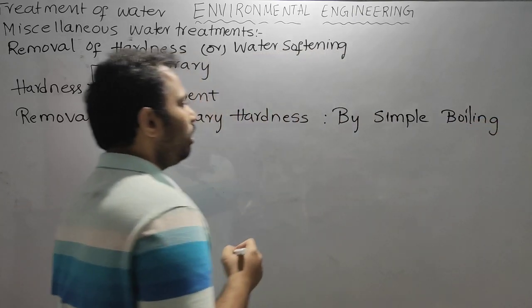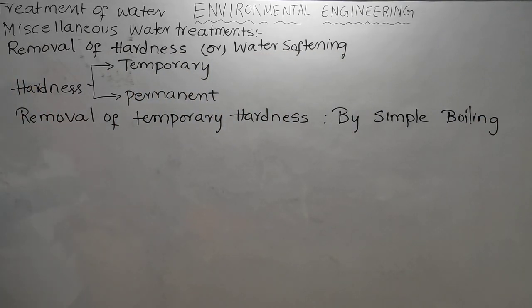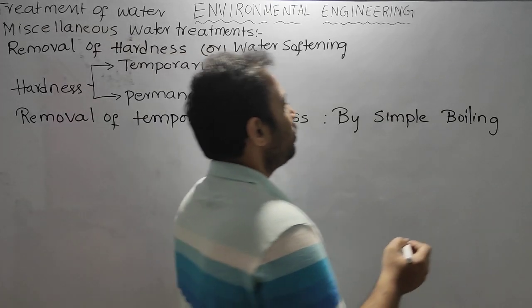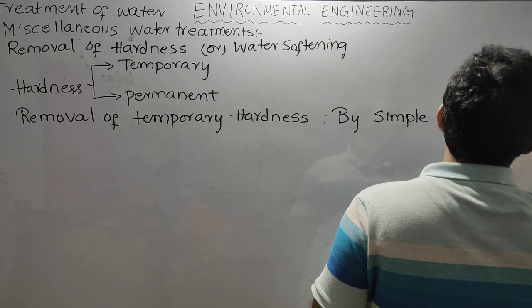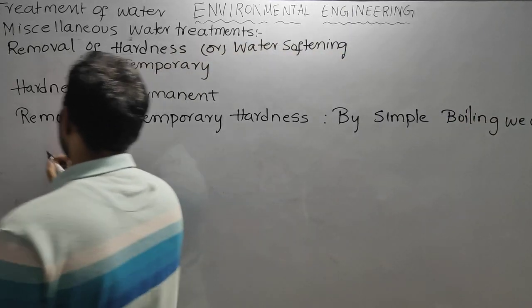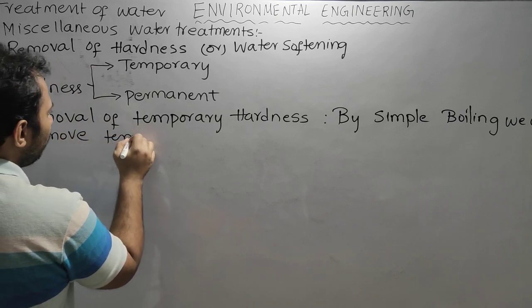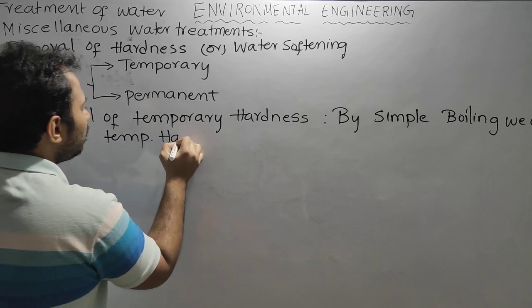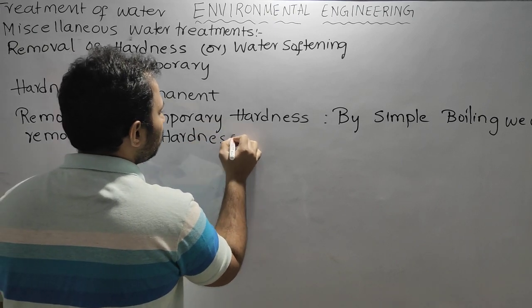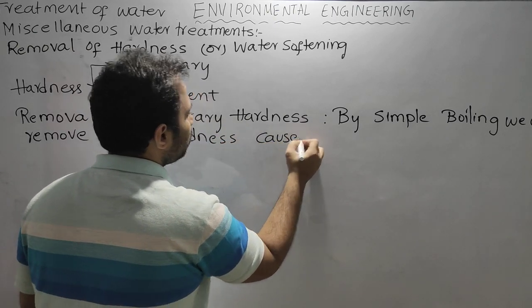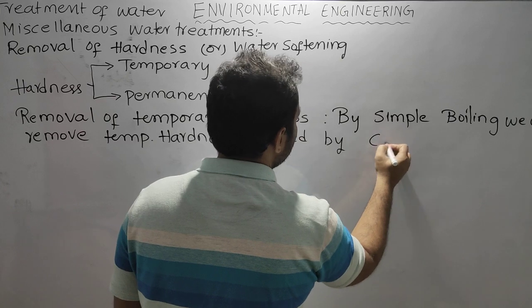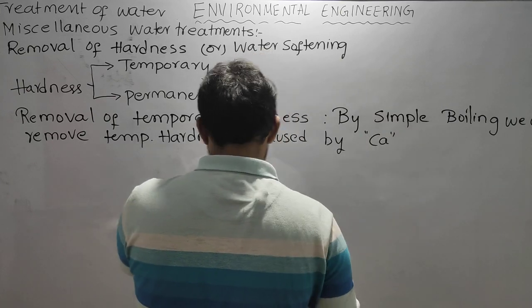So when we boil the water which has temporary hardness, we can remove the temporary hardness caused by calcium. Okay.